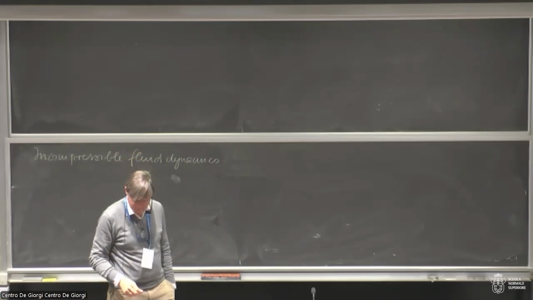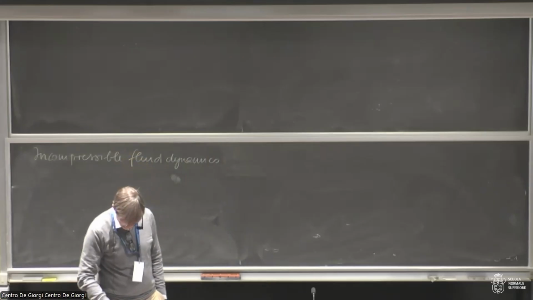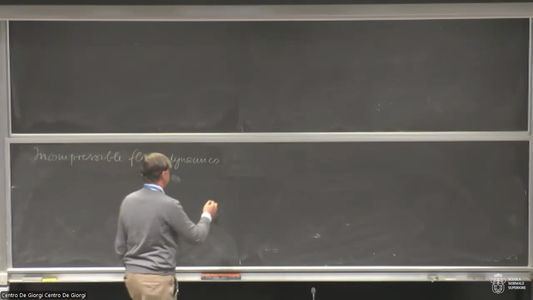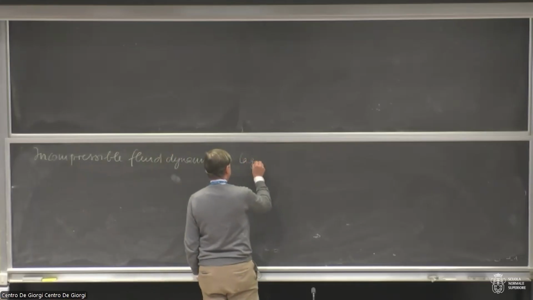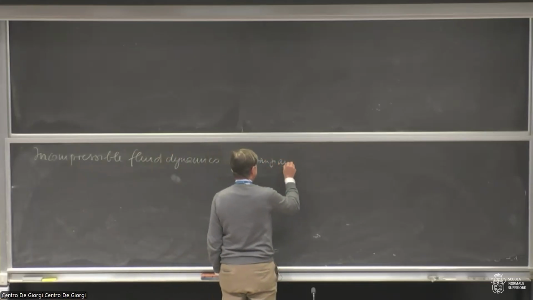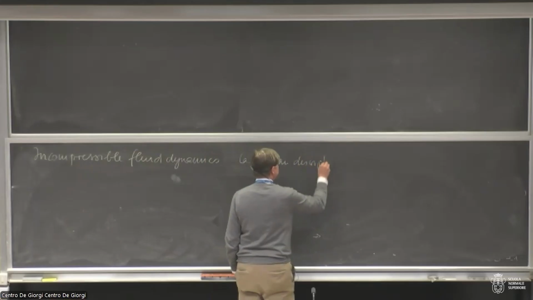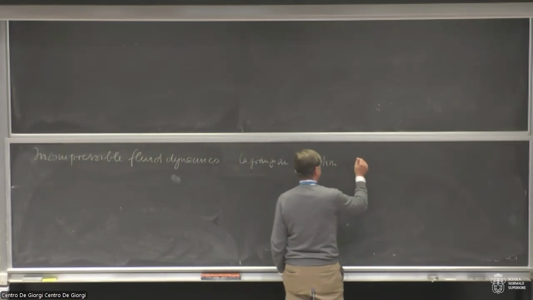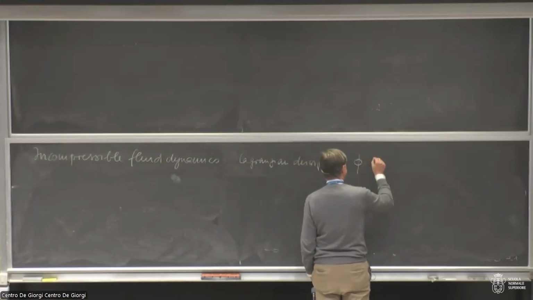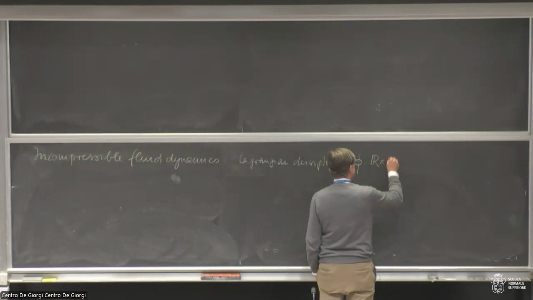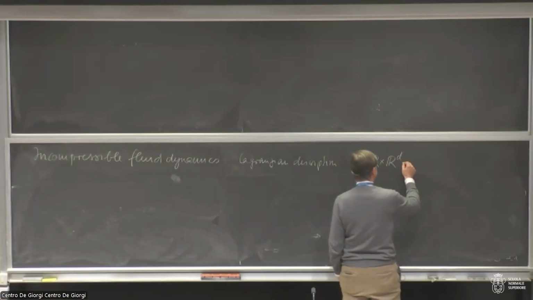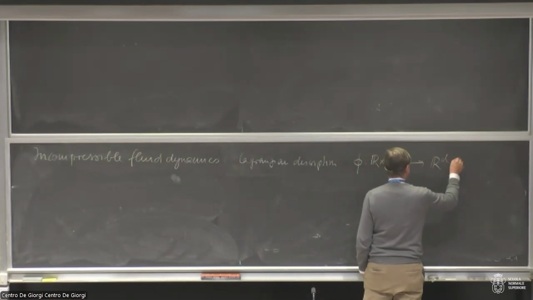And in order to describe it, let me recall the Lagrangian description in terms of a map phi, which goes from time and Euclidean space into Euclidean space.